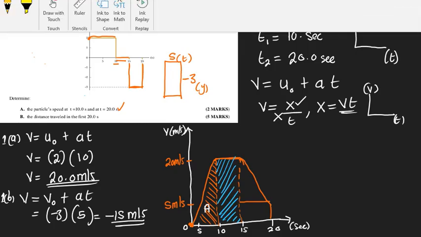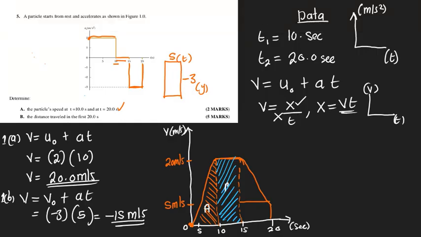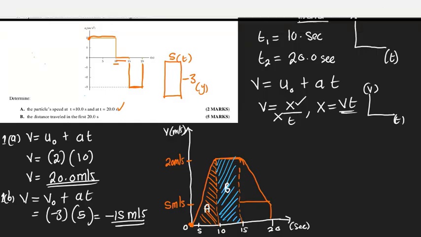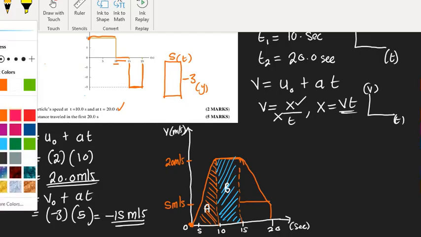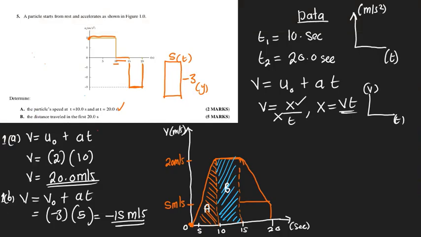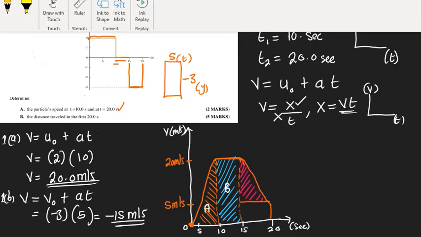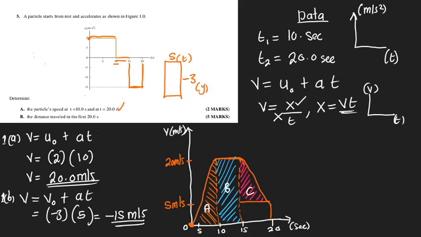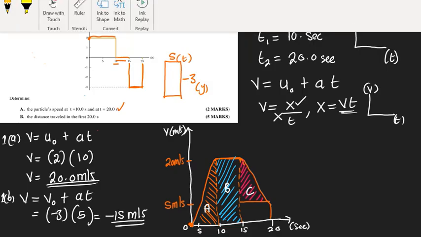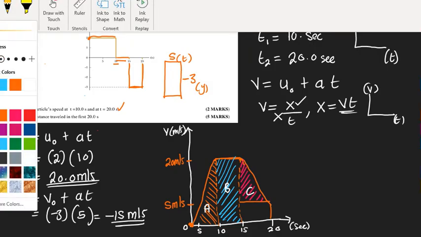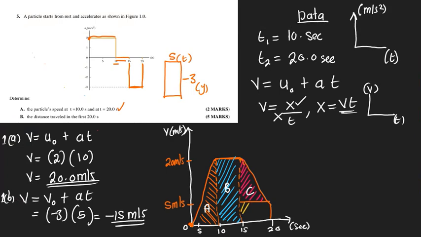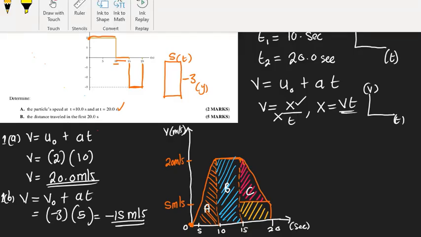I can name that one as B. Because I want to simplify my work, I am also going to have this one, which I can name as C. Then I'm also going to have another one, which is going to be this one, and I can name it as D.